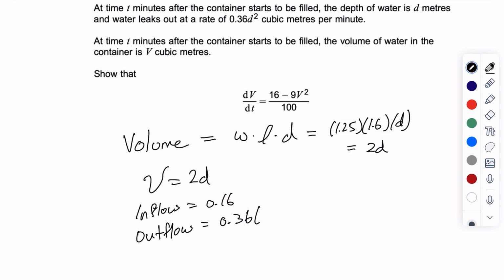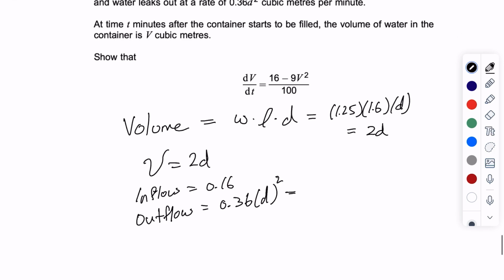0.36 d squared, but the trick is we want this in terms of volume. So it's 0.36, and to get this in terms of V, we need to solve d for V, and d equals V over 2. So V over 2 squared.